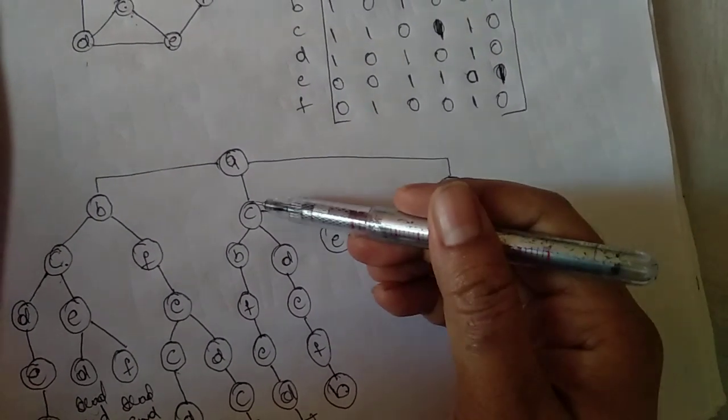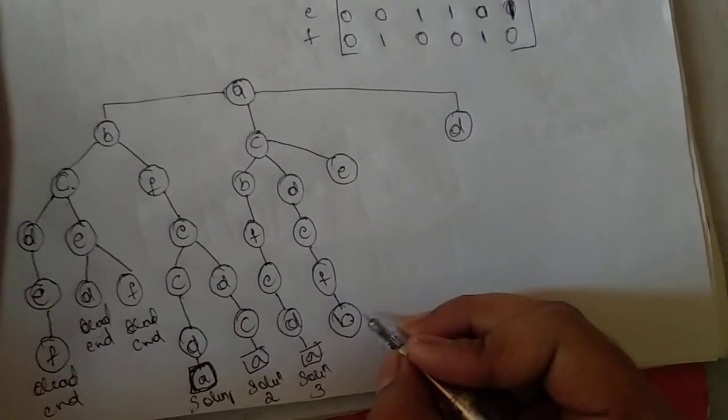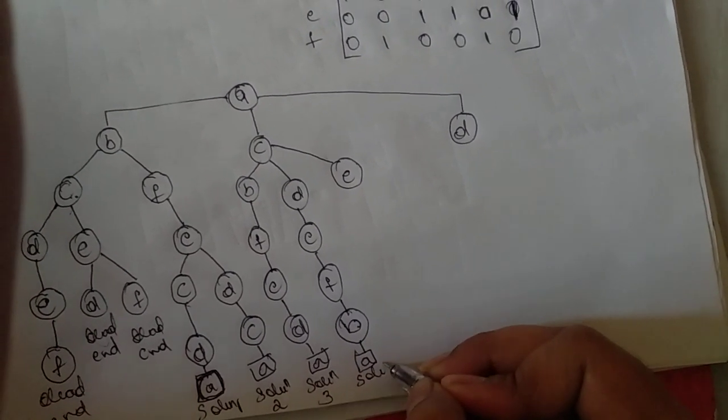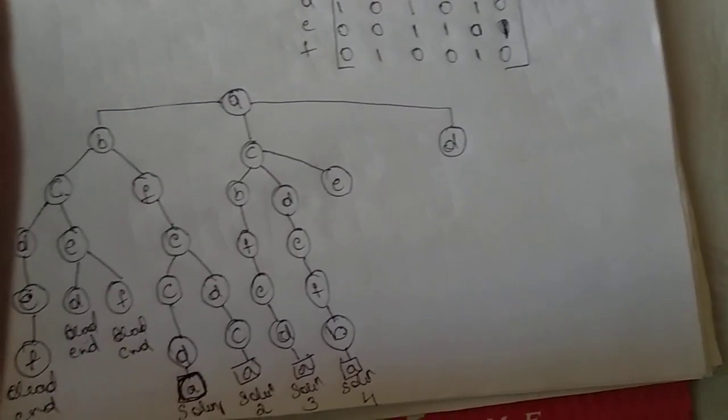A, B, C, D, E, F. Yes, all the vertices are present. From B, I can go back to A. This is solution 4.